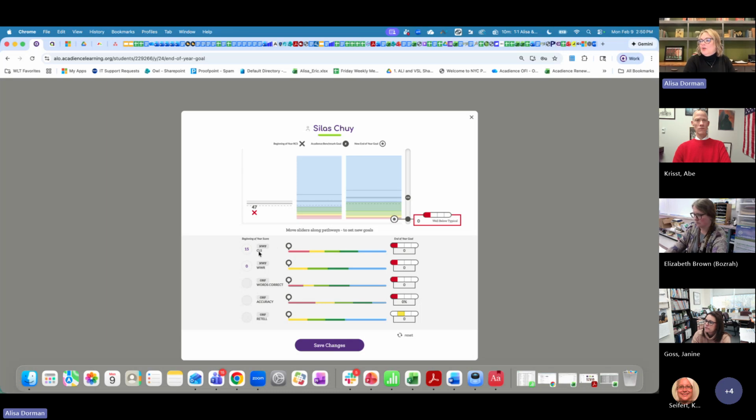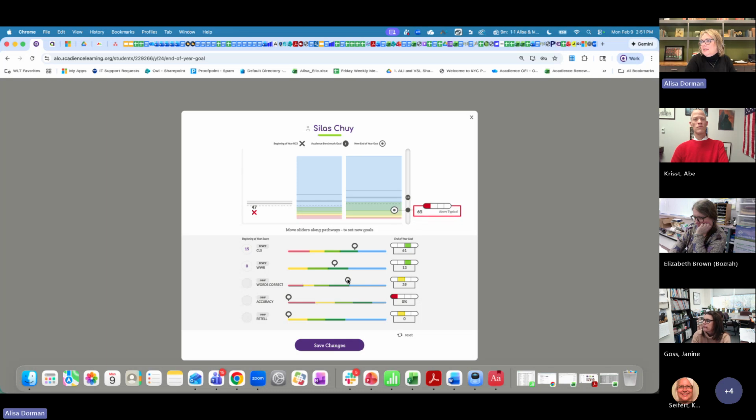Well, I think for correct letter sounds, I want them to get to at least the benchmark. When does that happen? Oh, it happens right here. I want them to be right at benchmark. Maybe no, that's too close. I want them to be a little above benchmark, like whatever. You can sit here and you can adjust. I want them to get words correct.